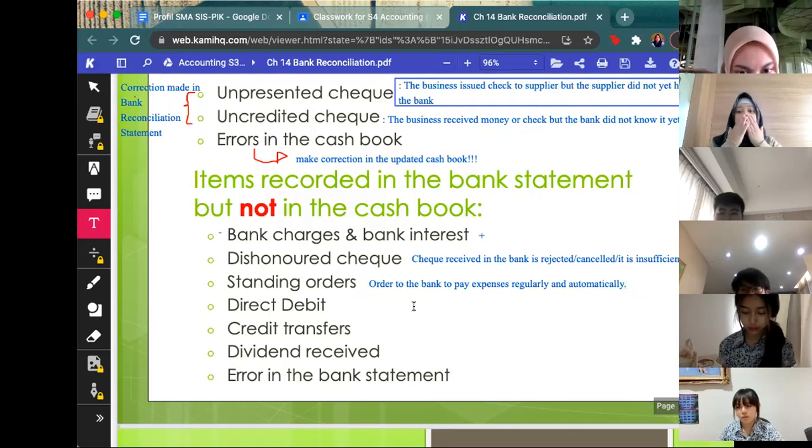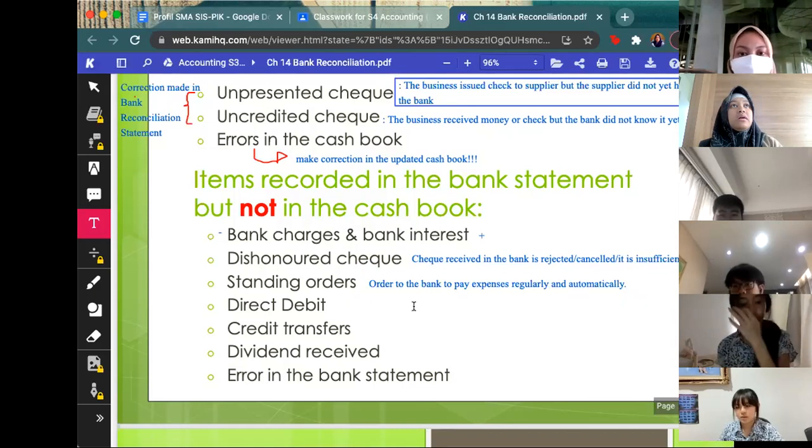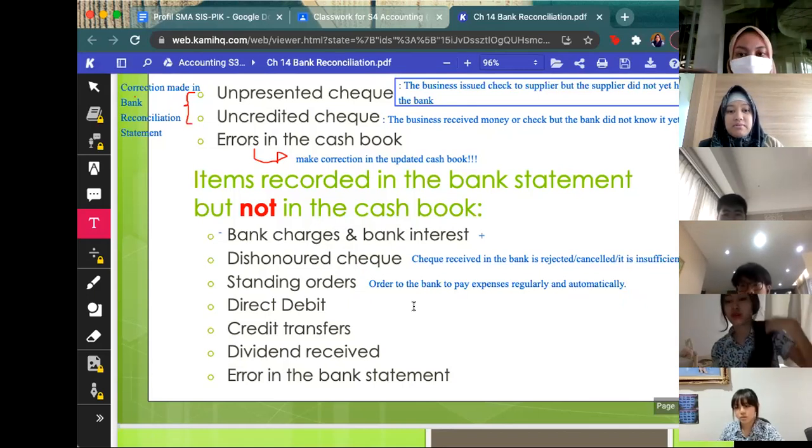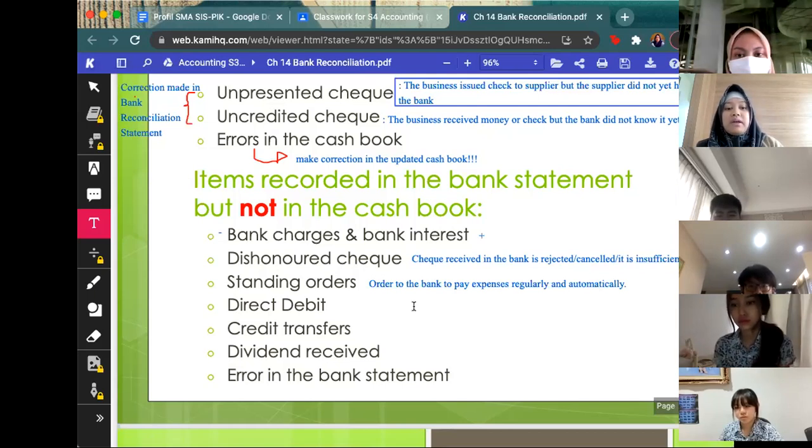For example, Putih has a phone bill, handphone, and then Putih says to the bank, please pay my phone bill every month.